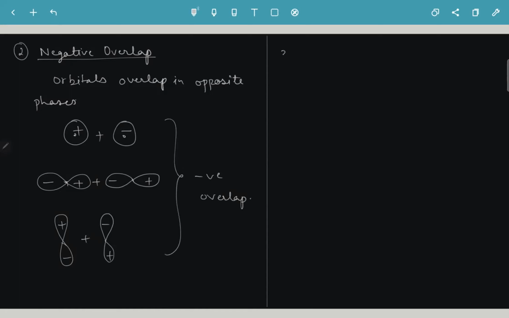There is another overlap that we classify as zero overlap. Some orbitals are oriented such that there cannot be any overlap between them, however close the atoms come to each other.